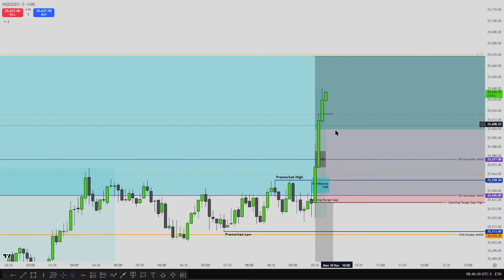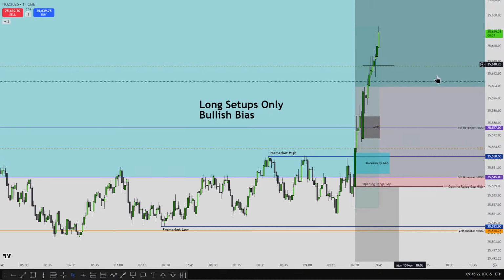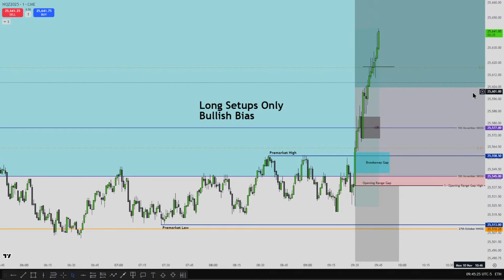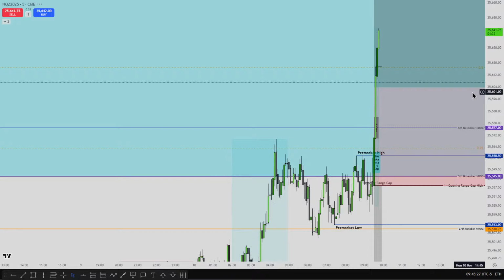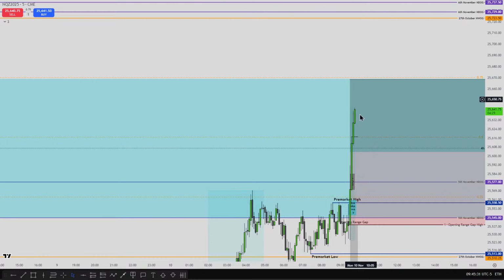So if you want to see it react, or you want to see it become a breakaway gap, then it's better that we close above this high. And if we do, which we did, then I'm not going to say buy a premium array or a discount array, but it's more indicative that we're just going to keep running higher and higher and higher.